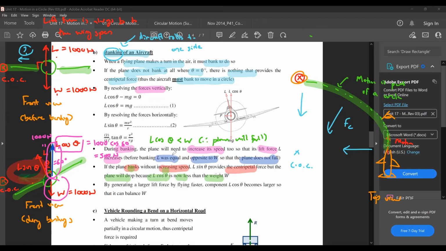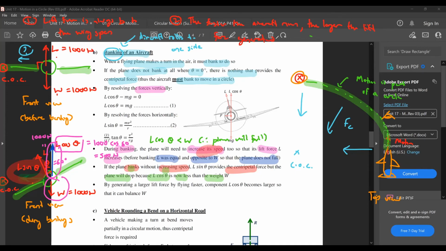So one way of doing that is to increase its speed. Just now I mentioned that lift force is always perpendicular to the wingspan. Another thing to note here is this: the faster the aircraft moves, the larger the lift force generated.